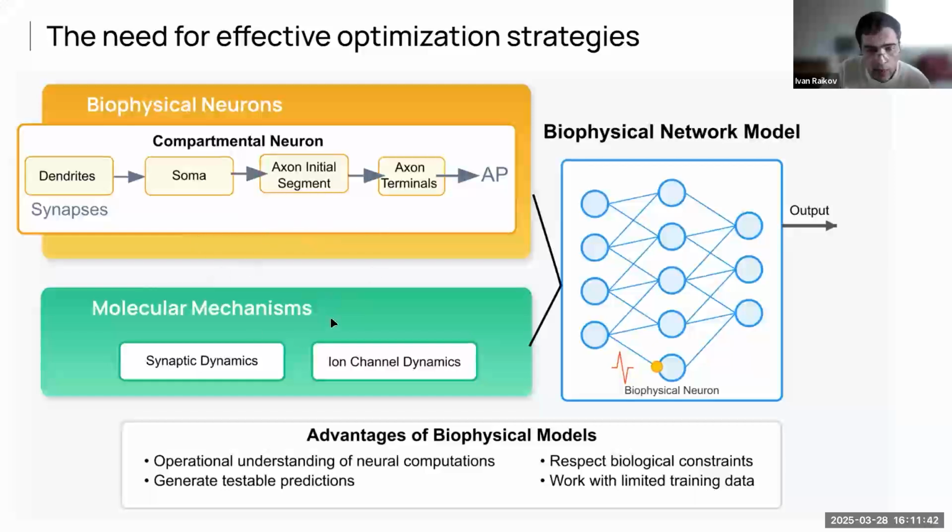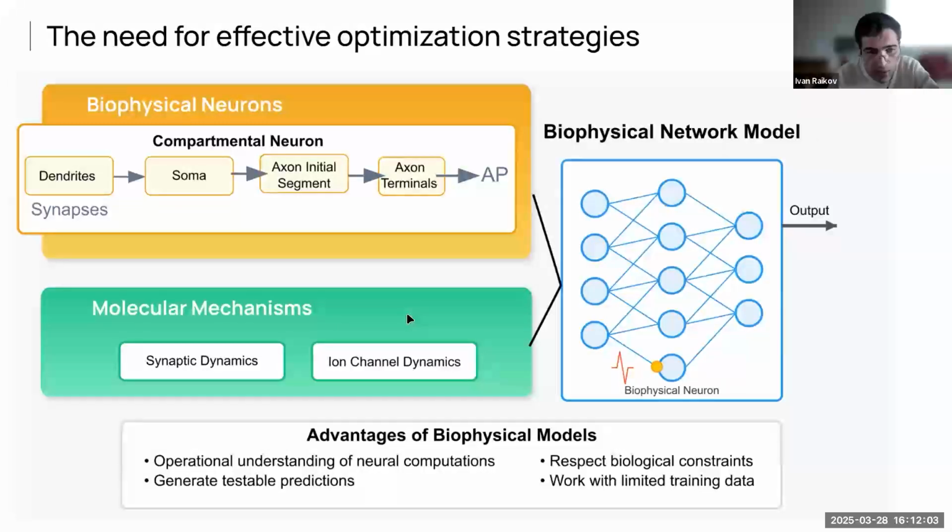And of course, we have a number of detailed models of molecular mechanisms that express the synaptic and ion channel dynamics, and that allows us to build biophysical network models.